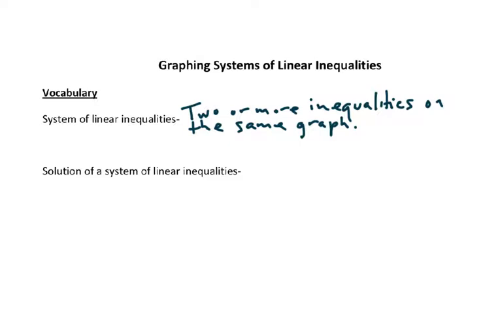So let's get into what a solution of a system of linear inequalities is going to look like. First of all, a solution is going to be an ordered pair, so it's going to be a point.